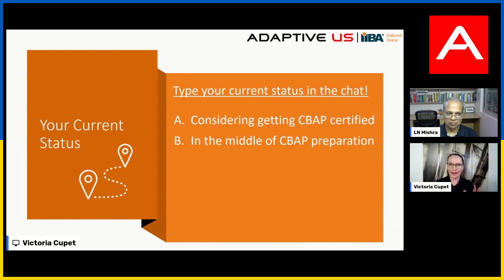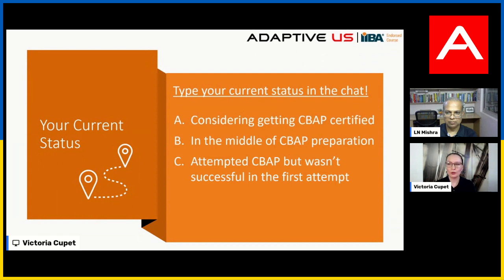I already put my hands on some study materials, or I'm already enrolled in a program, or I finalized the program, but I have not yet been certified. C is for those of you who already took the exam but for some reason were not successful in the first attempt. And D is if you're already certified. I don't know why you are here if you're already certified, but I can see some of you are. If you are certified, let us know why you are here.